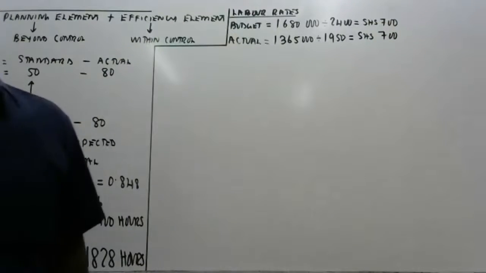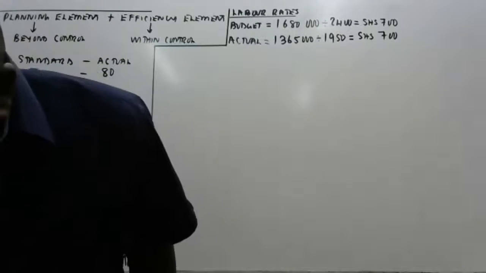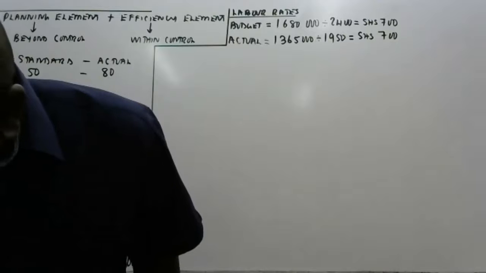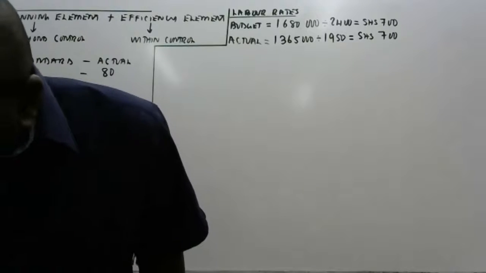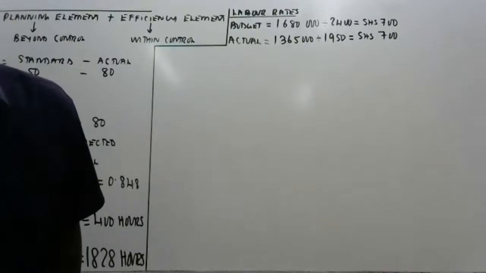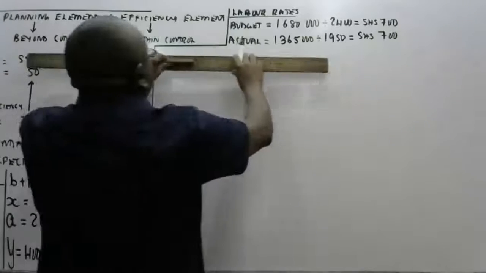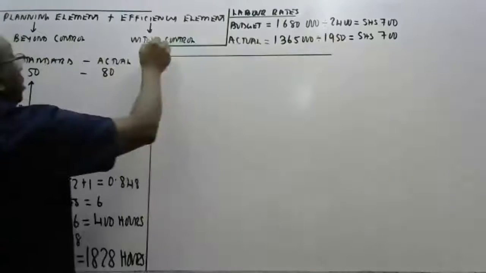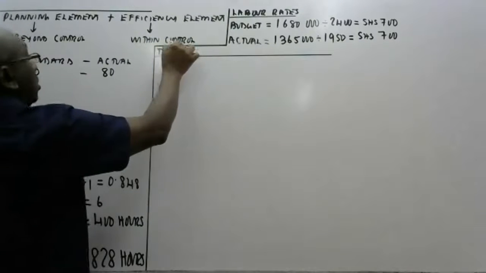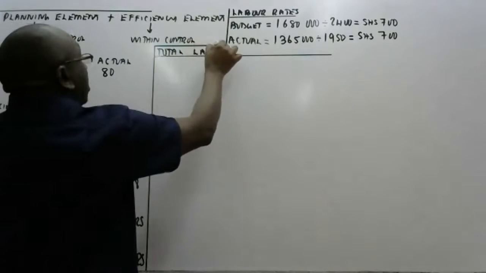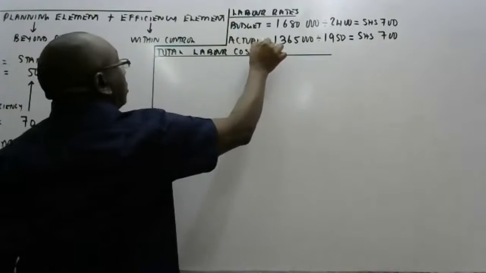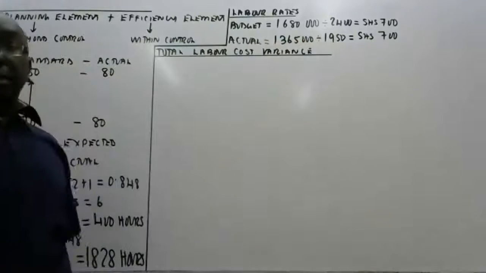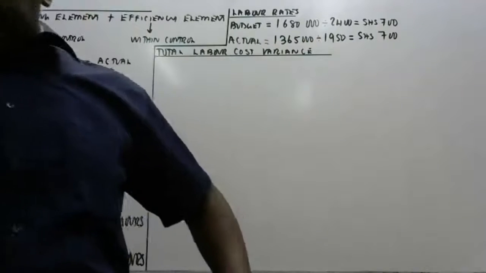So what the examiner wants is we should reconcile the conventional. So let's start with the first one that we are given, total labor cost variance. This is the one that we are told to break down into the two components.